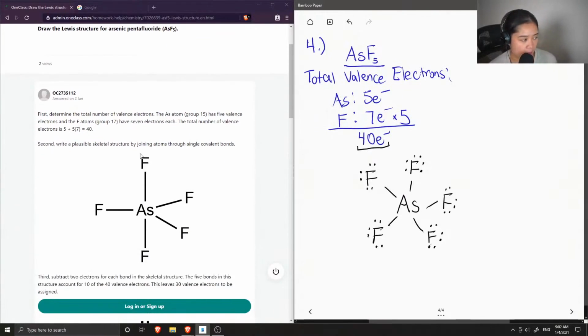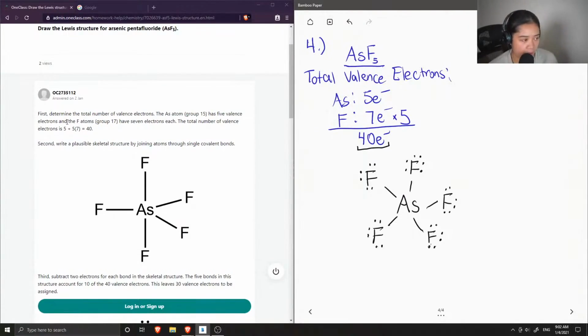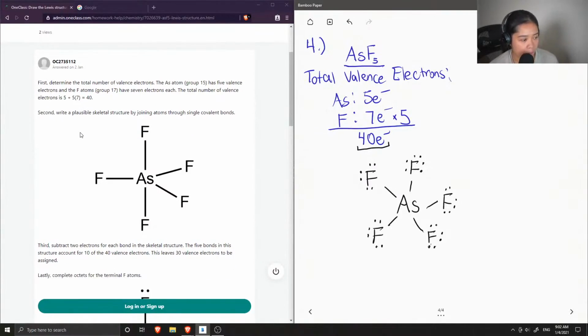And the junior tutor said to first determine the total number of valence electrons. The arsenic atom in group 15 has 5 valence electrons, and the fluorine atoms in group 17 have 7 electrons each. Total number of valence electrons is 40.